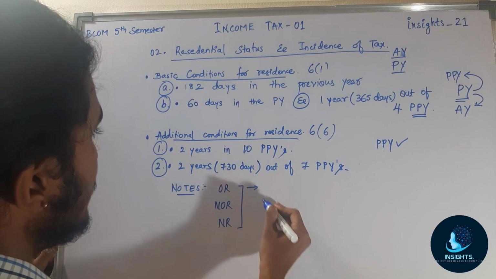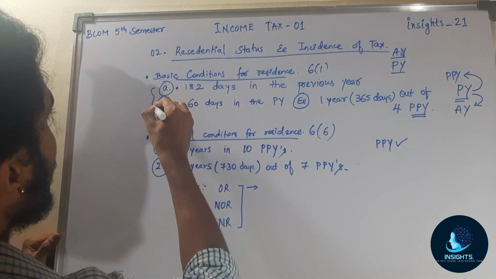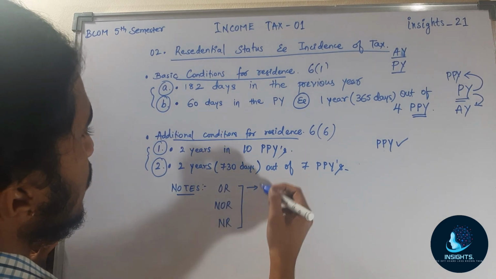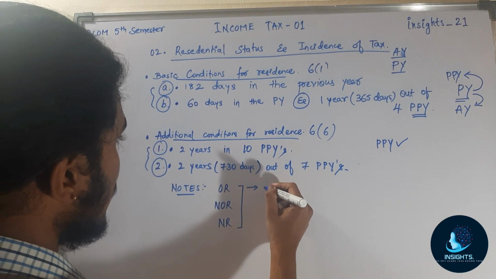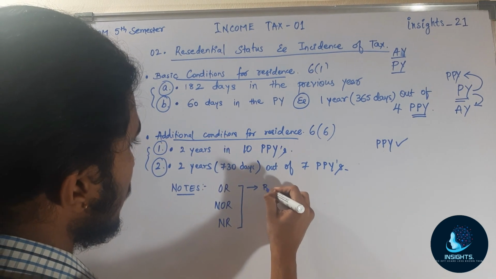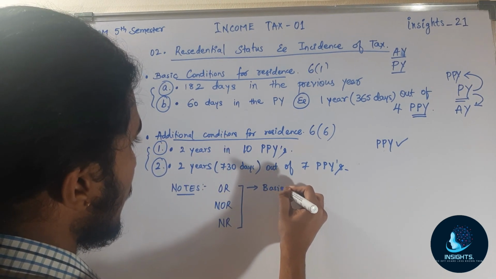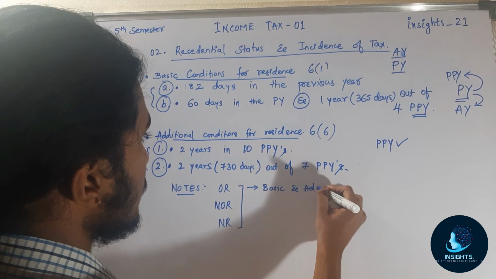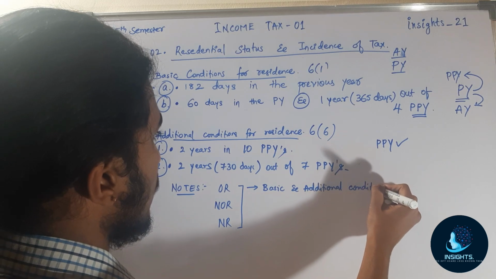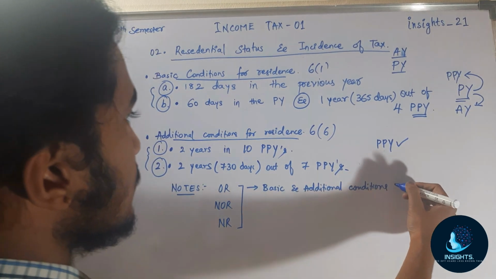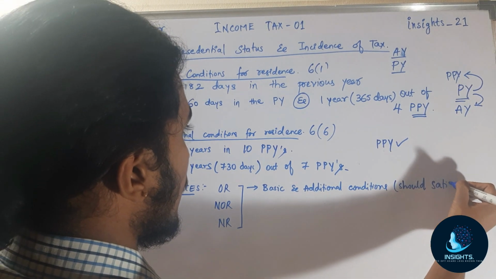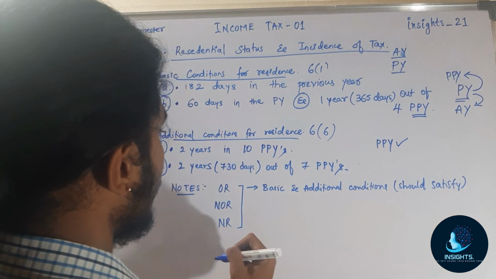For an ordinary resident, both basic conditions as well as additional conditions should be satisfied. Only then he is called an ordinary resident. Basic and additional conditions should satisfy.